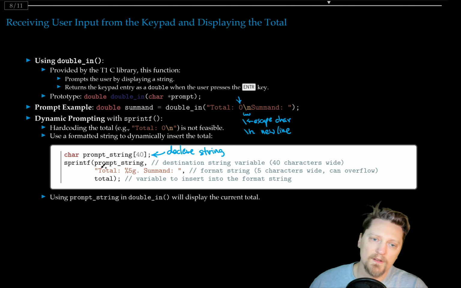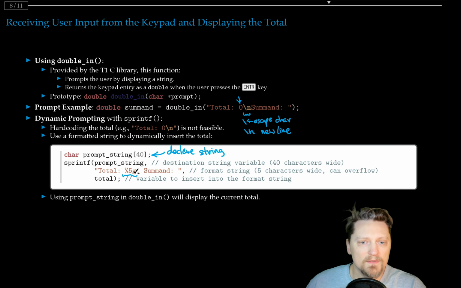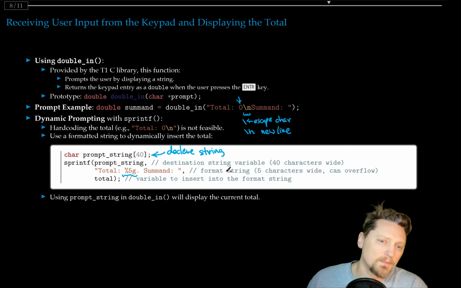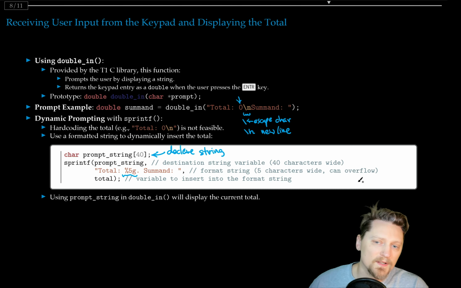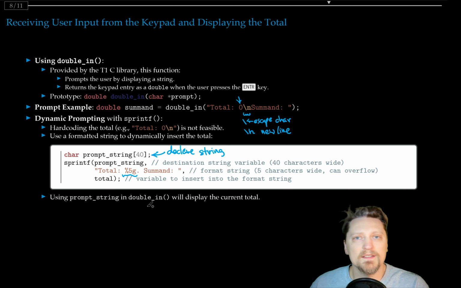We're going to give it the literal string, which has this special character string in it, which is %5g, which we'll get into the specifics of why that is a good choice. But this is a format string special character that tells us that we want a 5-character wide floating point number printed in this location. So that's the %5g.